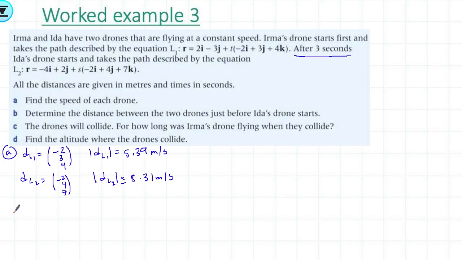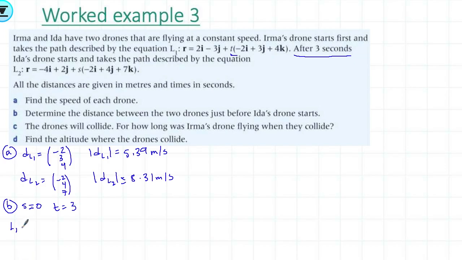Then determine the distance between the two drones just before IDA's drone starts. So we're looking at when IDA's just in the beginning, so S is 0, but she starts after 3 seconds, which means t is equal to 3. By substituting these two directly, you will get 2 coordinates, and then you just find the distance between the two coordinates.